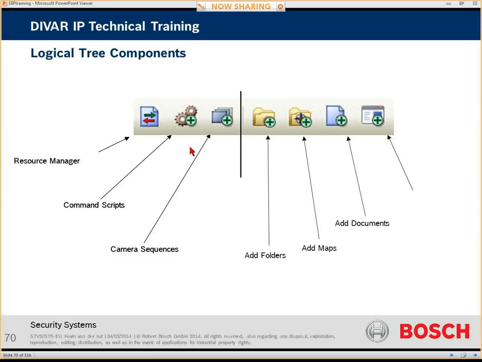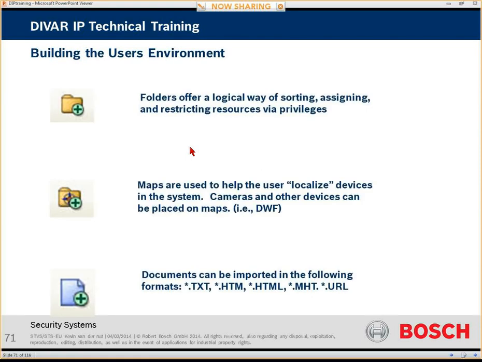On the right-hand side, we have the option to add folders, so create a folder structure, use maps, add documents, and add sub-programs. Now we'll be focusing on the folders and maps for now. So as I said, a folder works the same way as you would have it on your PC.